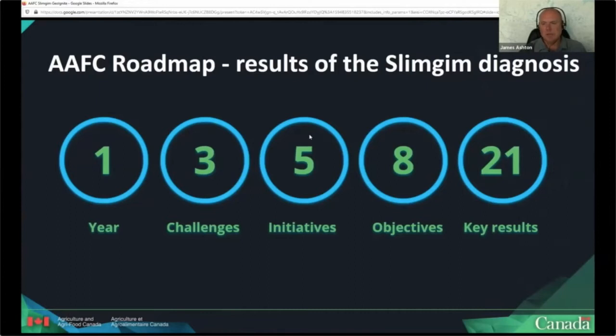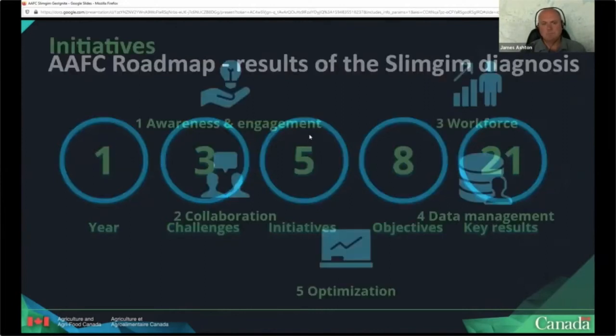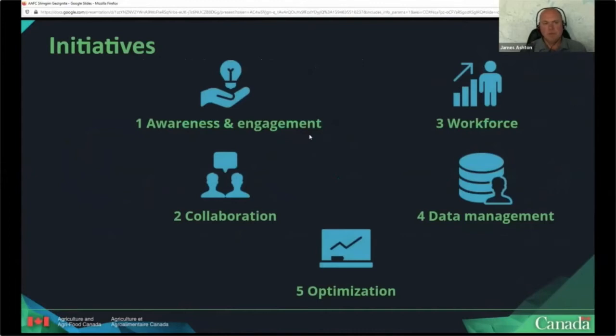We came up with 5 initiatives, 8 key objectives, and 21 key results. The initiatives were centered around 5 areas: awareness and engagement, collaboration, optimization, workforce, and data management. And this is what it looks like.